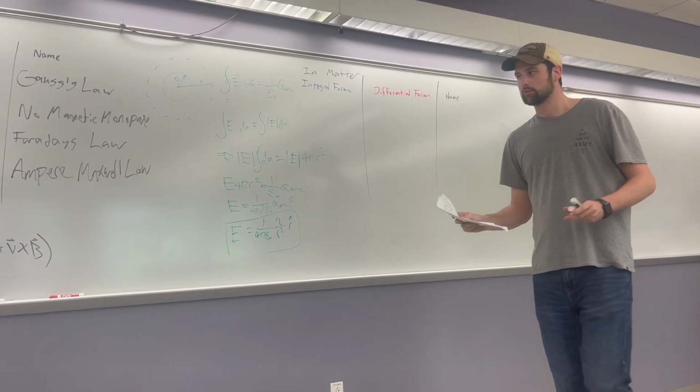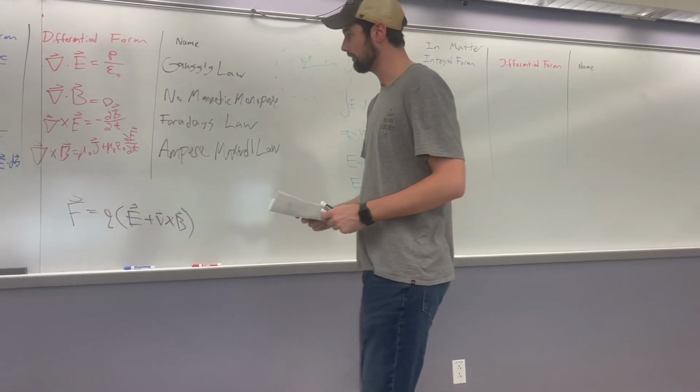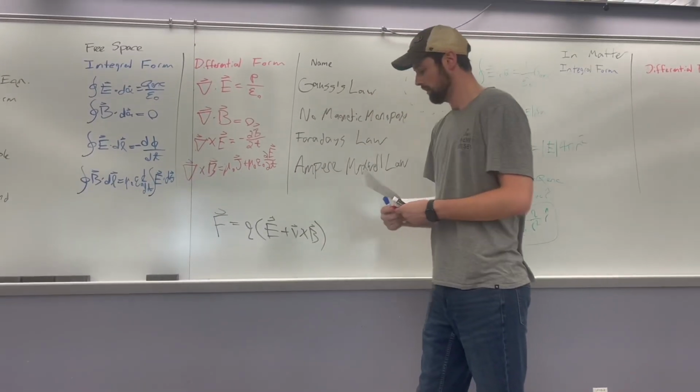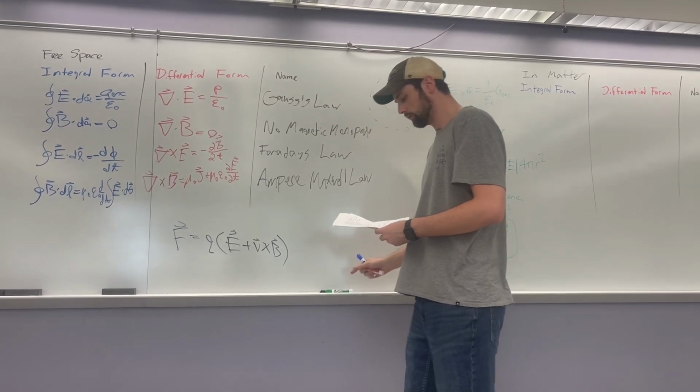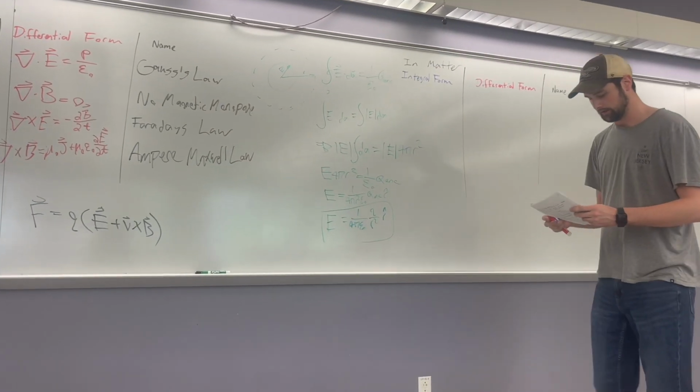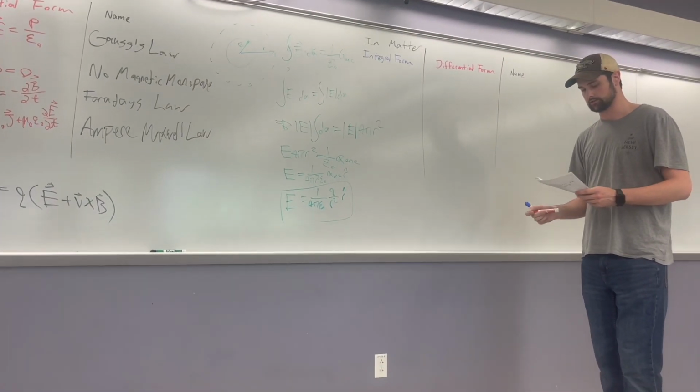I'm not going to derive that because that's outside of the scope of this lecture, but I will show you what the results are and what all the parts of those equations mean.